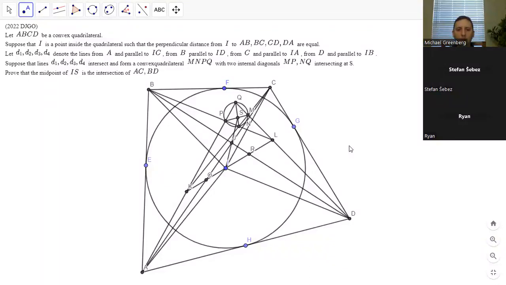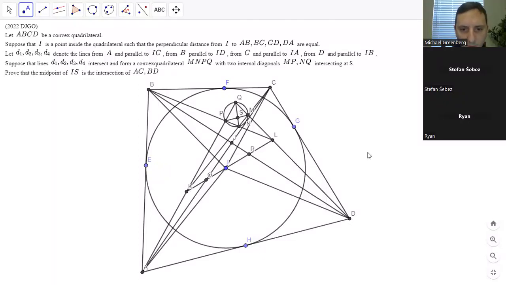So let me just think for a second. We would want to show that JR, or rather BD, is parallel. Let J be the intersection of diagonals.